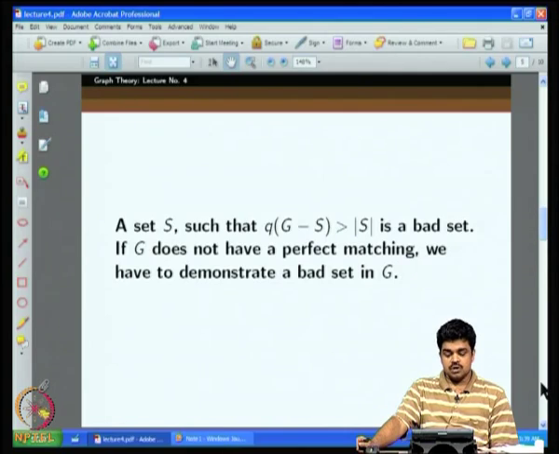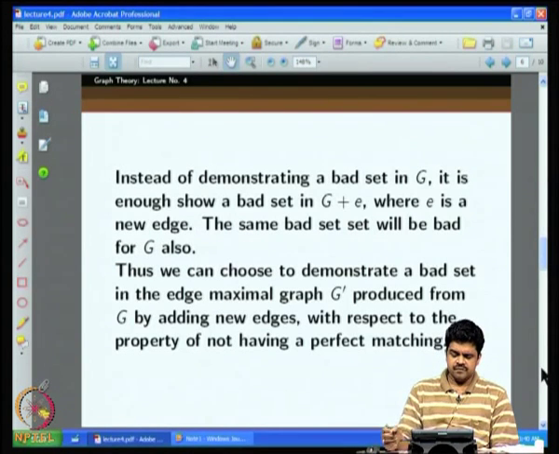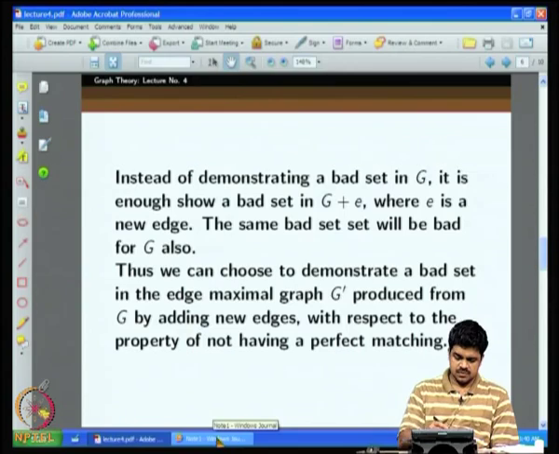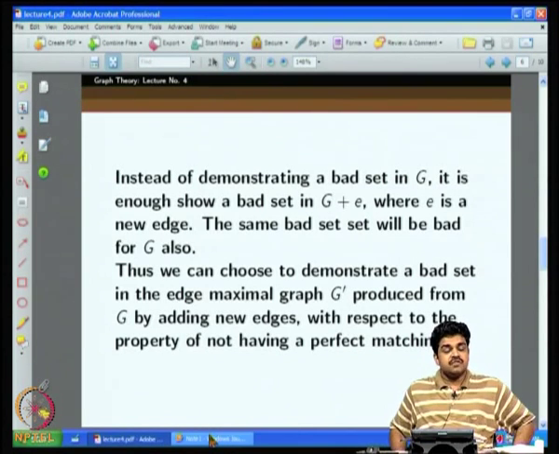So, how do we show that this is true, right? To show this thing, we proceed like this. Our intention is to show that whenever there is no perfect matching in G, then there is a bad set. So, take a graph G, whichever graph you like, such that it does not have a perfect matching.